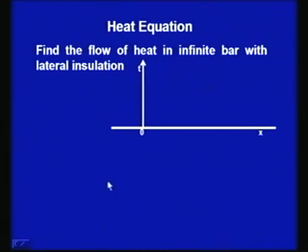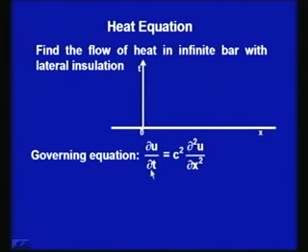So, again the equation governing this flow of heat would be the same heat equation known to you, del u upon del t is equal to c square times del 2 u over del x 2. But now my bar is infinite. In the usual heat equation, when the bar was of finite length, we used to take boundary conditions that the temperature was 0 at the end points.